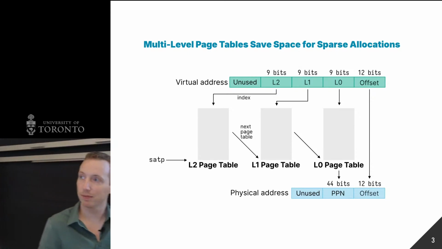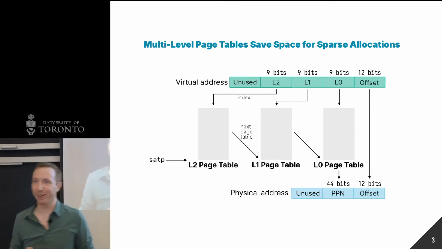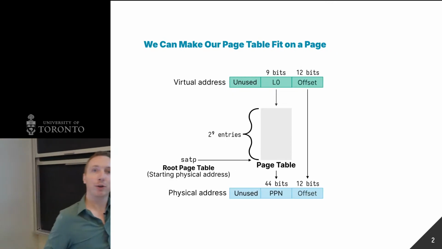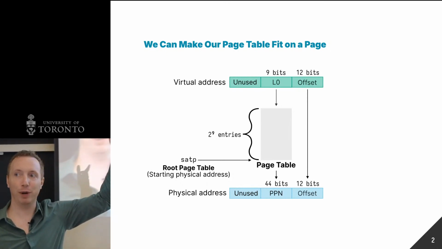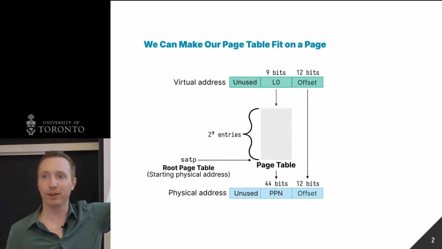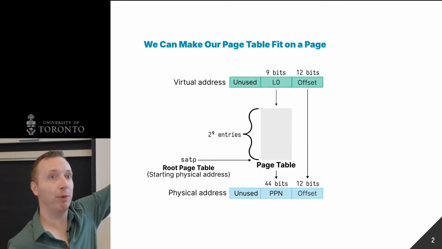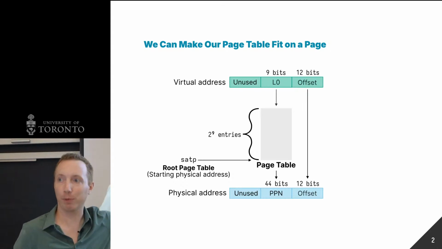Does that make the memory faster? That's a really good question too. So when I had a single page table, how many memory accesses did I need to actually translate an address? Trick question, it's 2. I have 1 to look up the entry, and then I have another for the original access.